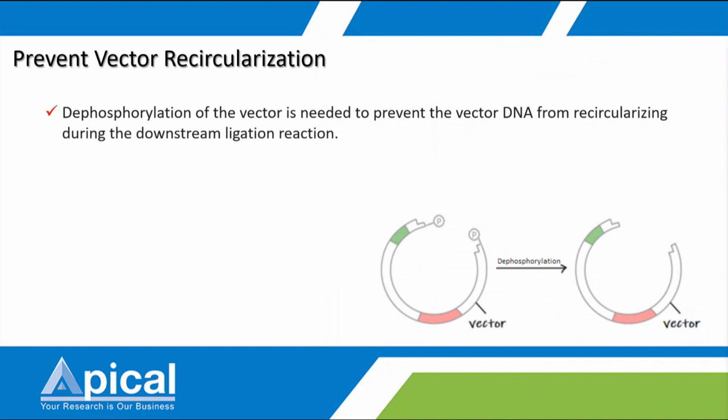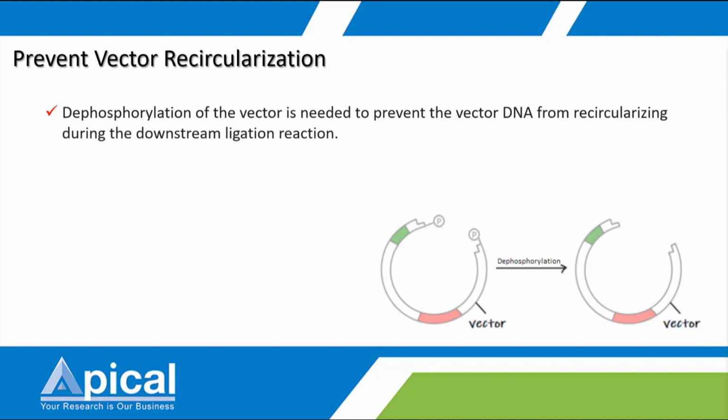Dephosphorylation is the process by which phosphate groups are removed from both 5' ends of the vector using a phosphatase. Removal of the phosphate group from the DNA fragment can prevent ligation. So after your vector is dephosphorylated, it cannot ligate with any DNA fragment anymore.